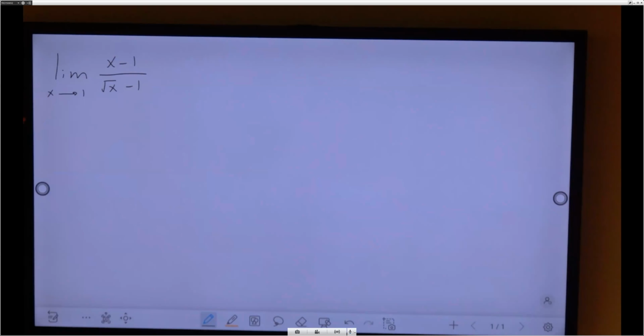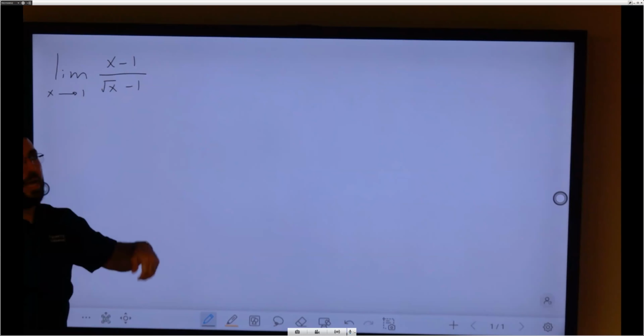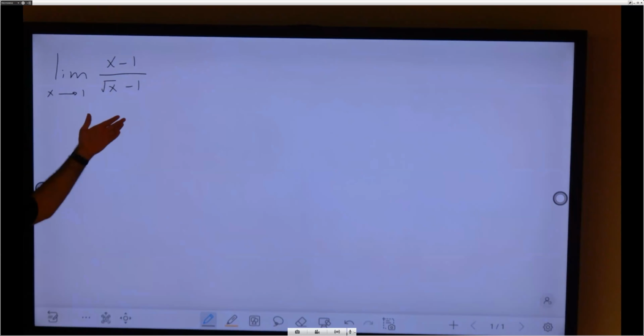So now if I evaluate, I'm plugging in 1 minus 1 is going to be 0, square root of 1 minus 1, so 0 over 0. So I have to factor and simplify. Can I factor it? No.